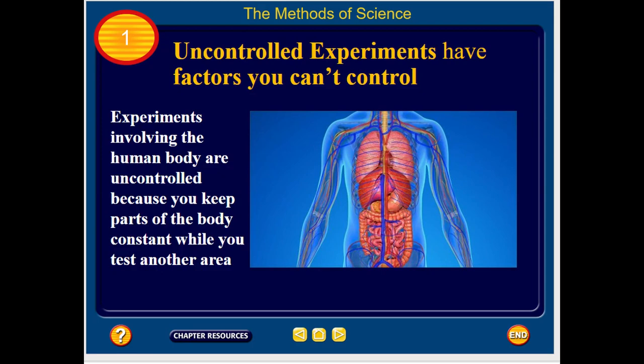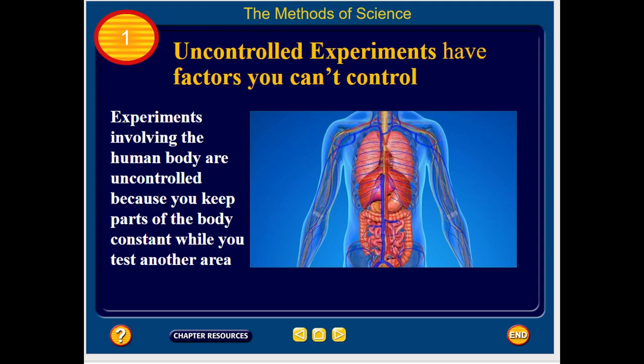Uncontrolled experiments have factors you can't control, but sometimes this is your only option. If you are conducting an experiment involving the human body, you will have an uncontrolled experiment because you cannot keep many parts of the body constant while you are testing another area.